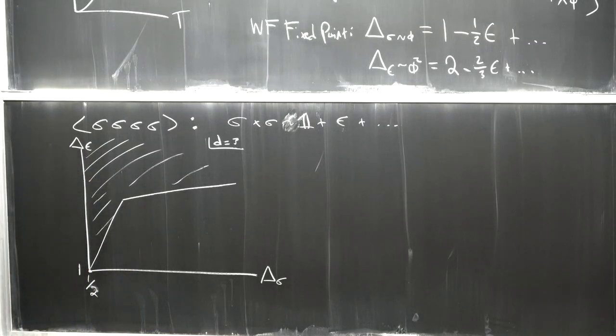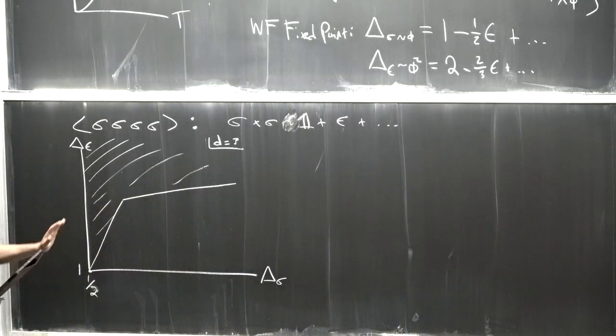I think it's not completely trivial. You could have imagined there were some solutions that had no scalar primaries, and all the scalar operators were somehow descendants. A priori, you might have imagined something like that could happen.